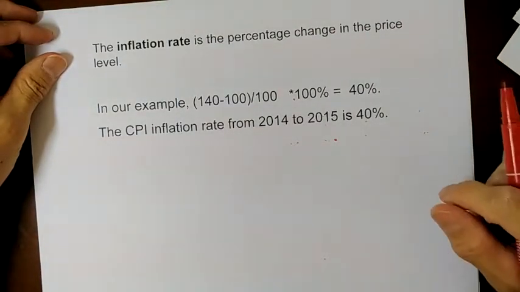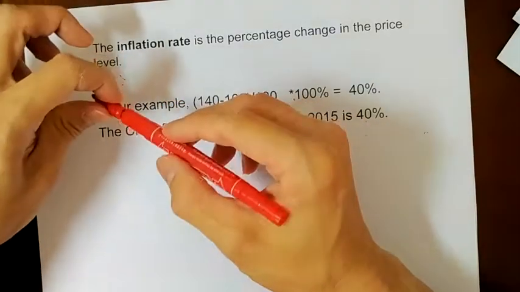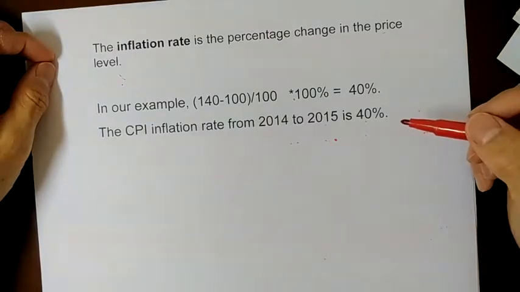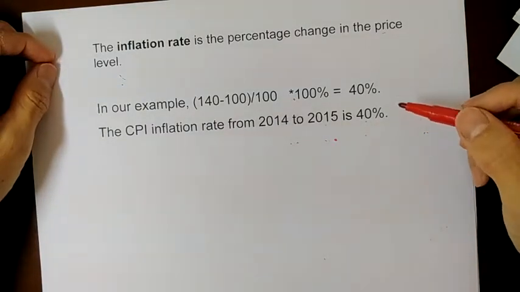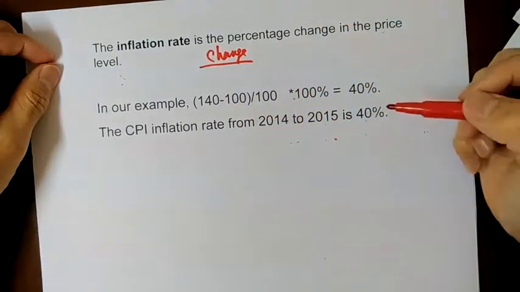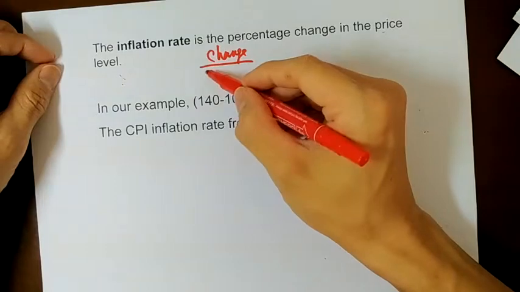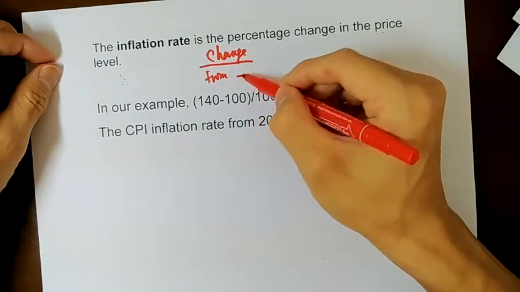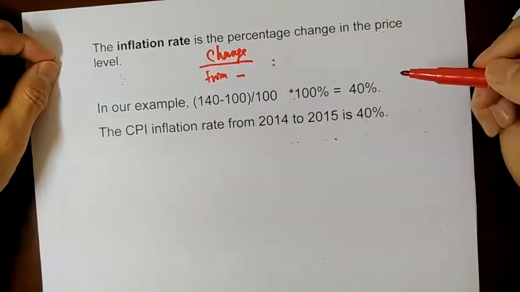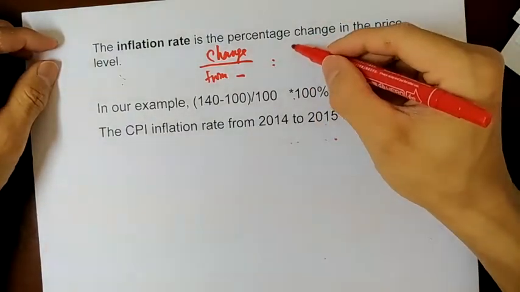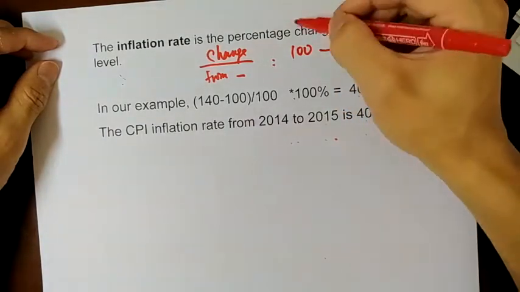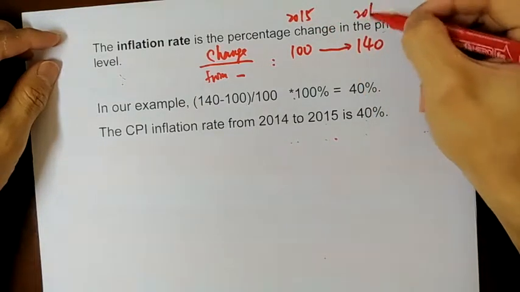Remember what the inflation rate is? The inflation rate is the percentage change in the price level. That is the change from which number? Say for example, now CPI goes from 100 to 140 from 2015 to 2016.